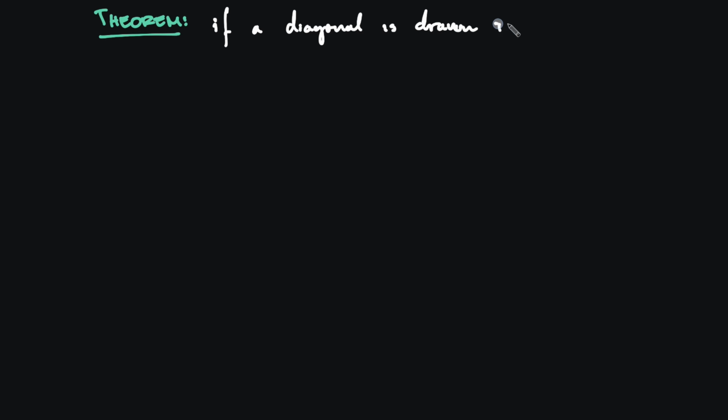The first theorem states, let's put it here, theorem: if a diagonal is drawn in a parallelogram, then two congruent triangles are formed.